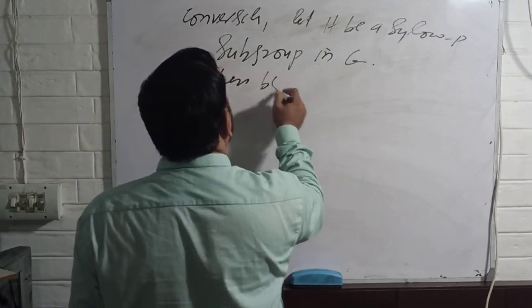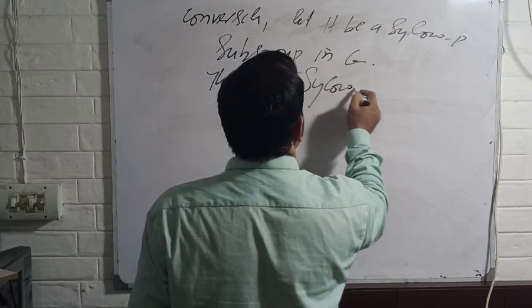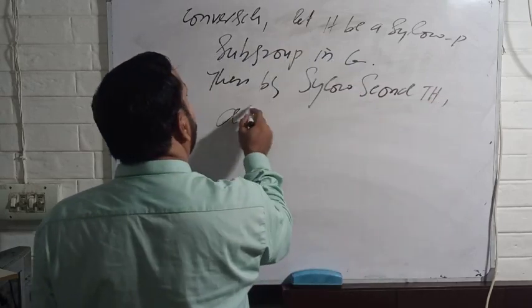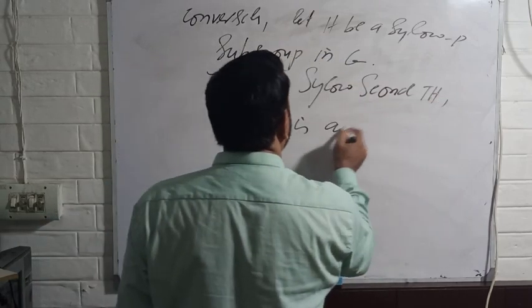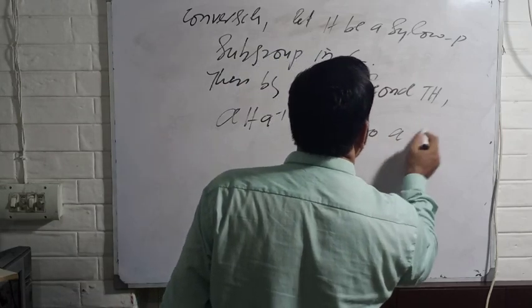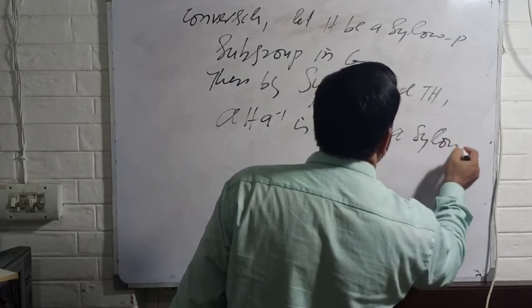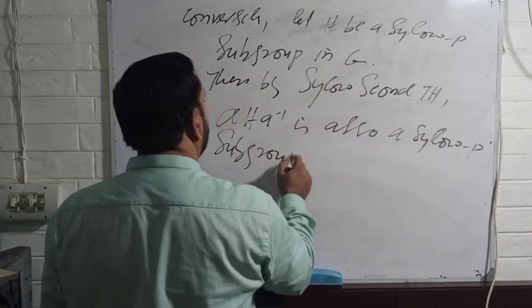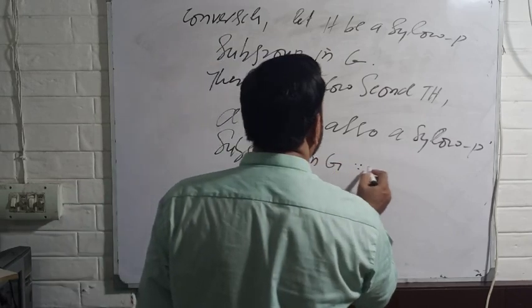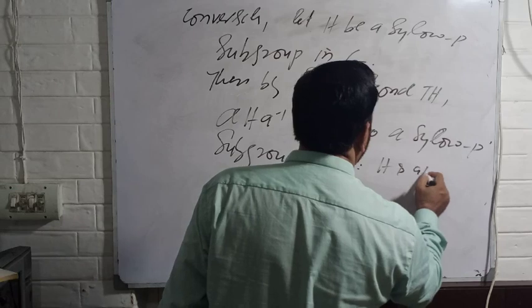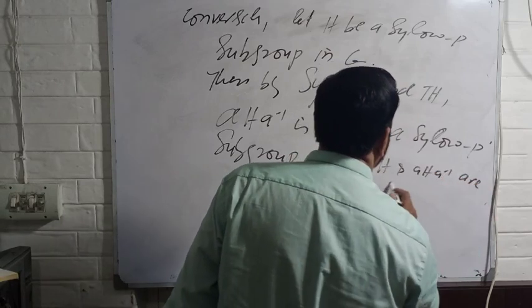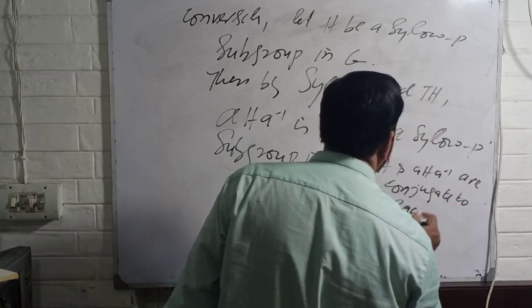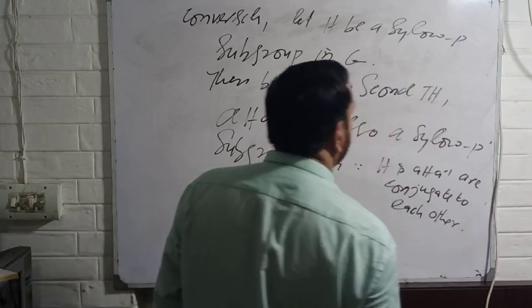Then by Sylow's second theorem, A inverse is also a Sylow P subgroup in G, since H and A inverse are conjugate to each other, right?